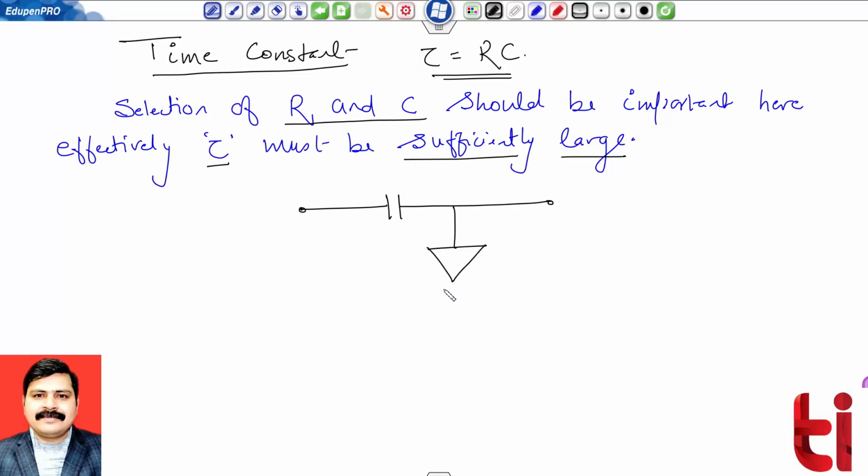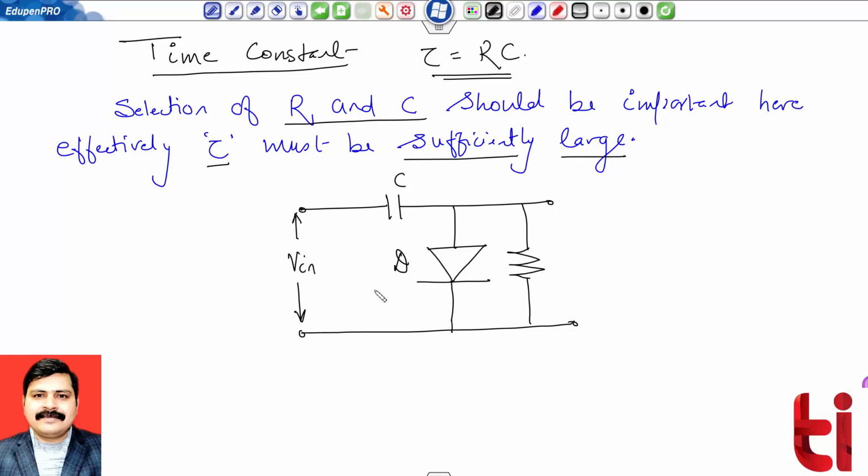Now let us see the working. This is a circuit diagram where capacitor C is used as a clamping element. The input V in we will supply over here, and diode D. For simplicity, I am assuming that my diode is ideal.